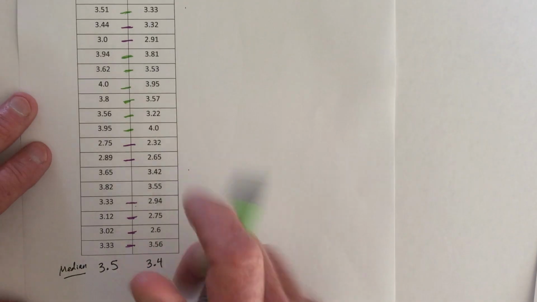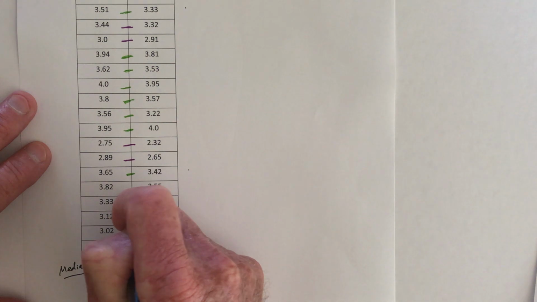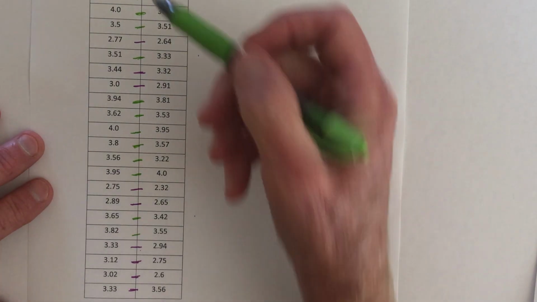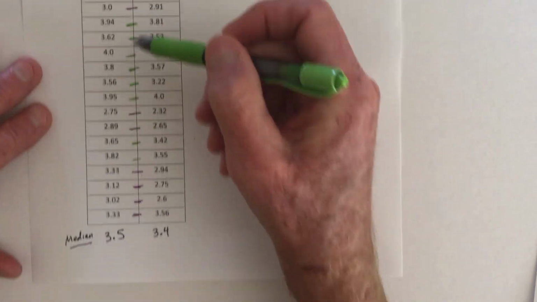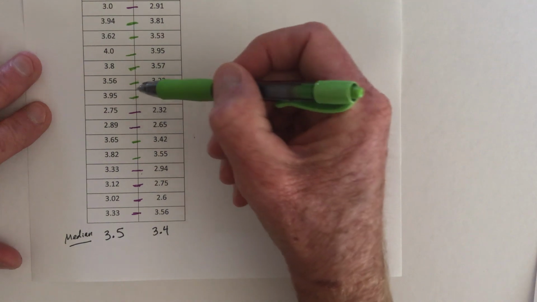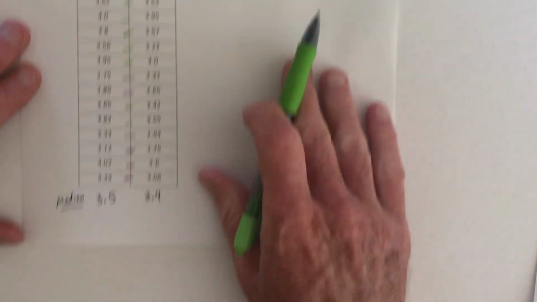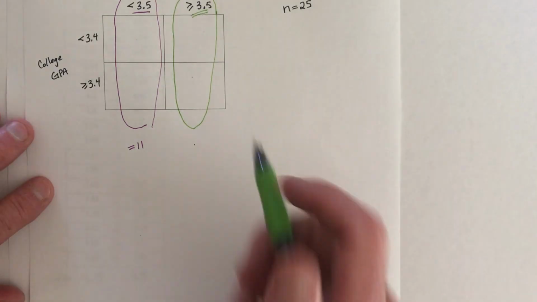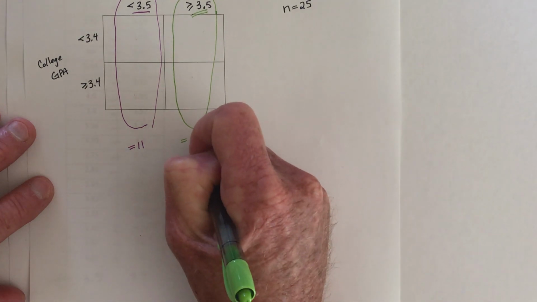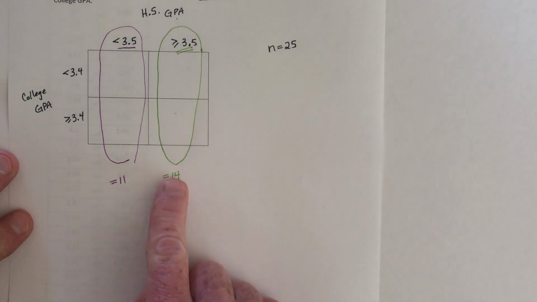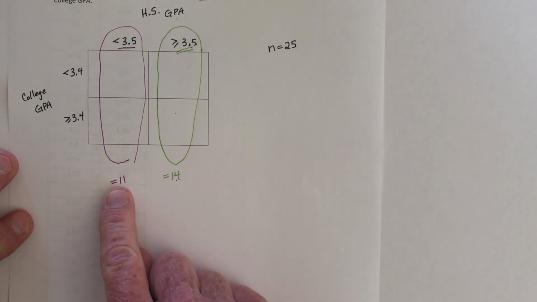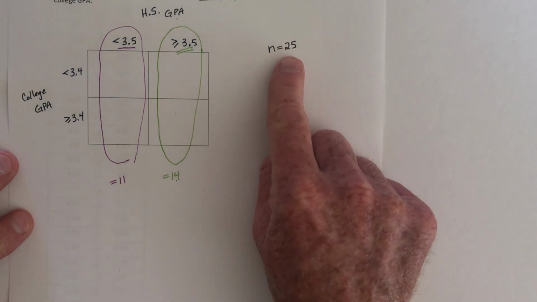So if I did it right with the purple people, basically I'm just highlighting everybody that's left. Everybody that's left had at least a 3.5 in high school. And then that would be 1, 2, 3, 4, 5, 6, 7, 8, 9, 10, 11, 12, 13, 14. So that's 14 people. So there's 14 green people. 14 green people plus 11 purple people equals 25 people total.